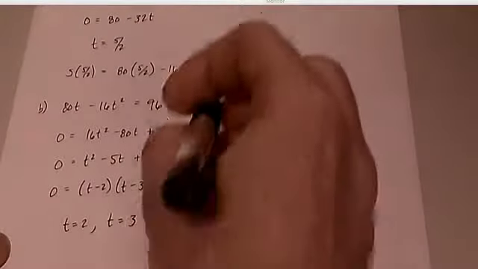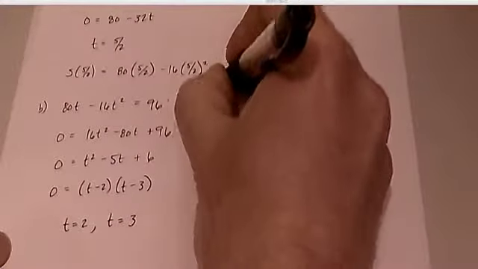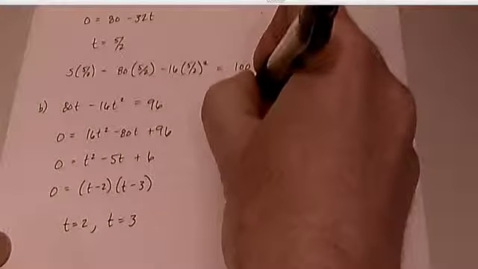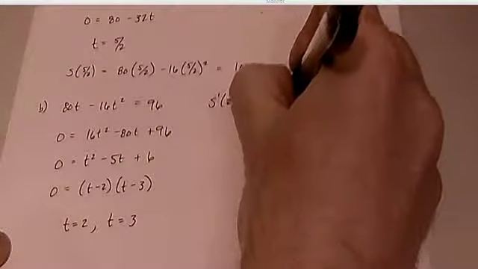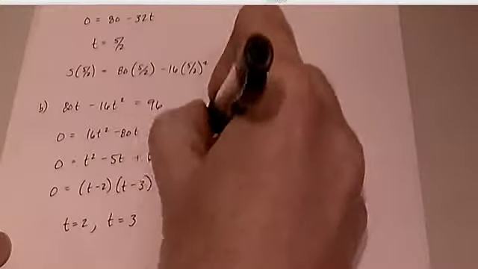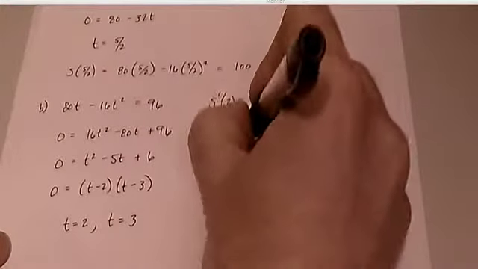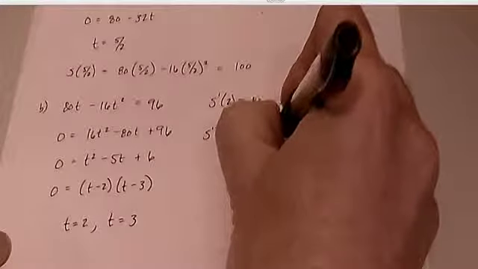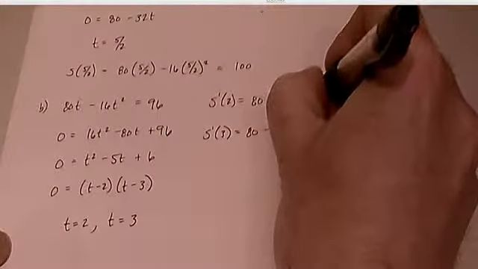Now, if the times are symmetrical, it stands to reason that the velocities will have some sort of symmetry about them as well. And so s prime of 2, which is basically v of 2, right, is 80 minus 32 times 2. And s prime of 3 is 80 minus 32 times 3.